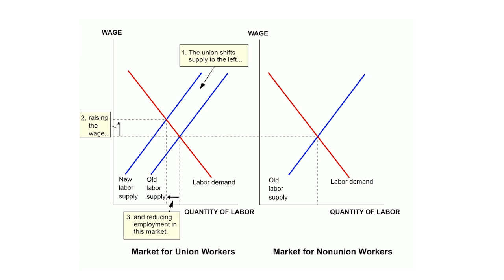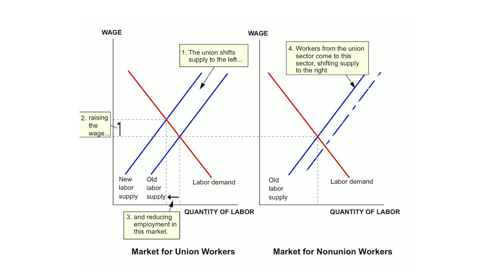The other thing that's interesting is that because the quantity of labor is down, you've moved in this direction, there are clearly some workers who are going to have to go somewhere to get a job. Where are they going to go? Well, they'll go to the non-union sector. And so the non-union sector is going to have a change. In particular, there's going to be a shift in the other direction of their labor supply curve, more workers coming in to that area.